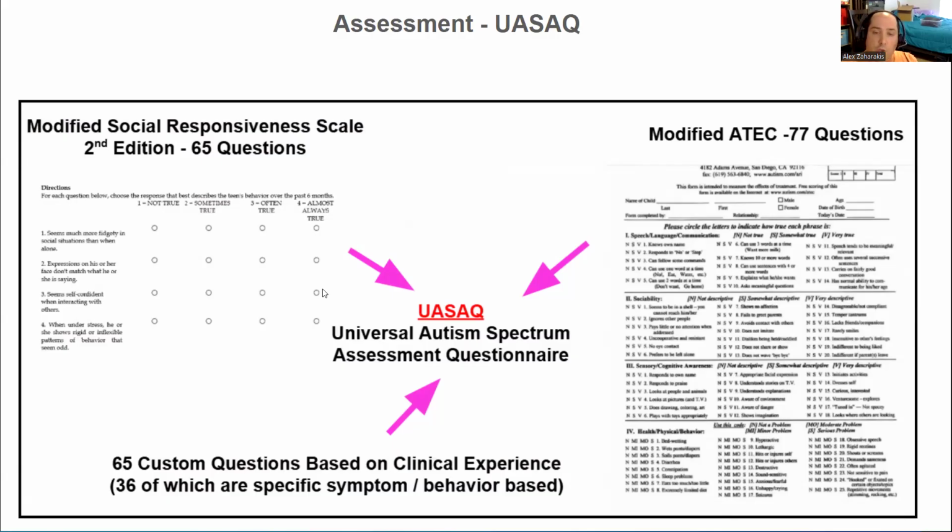Whereas if we change the question to slightly improved, moderately improved, significantly improved, slightly worsened, moderately worsened, significantly worsened, or not applicable or unsure, which is what we did in the case of our SRS2 and custom questionnaire, and kind of did in the same regard with the ATEC, you'd get a much better representation of the changes. And ultimately, that's the thing that we're looking for, right? People want to assess change and benefits or worsening.